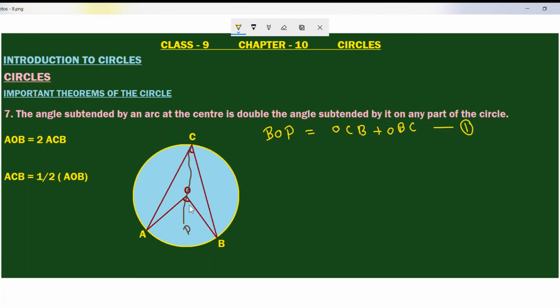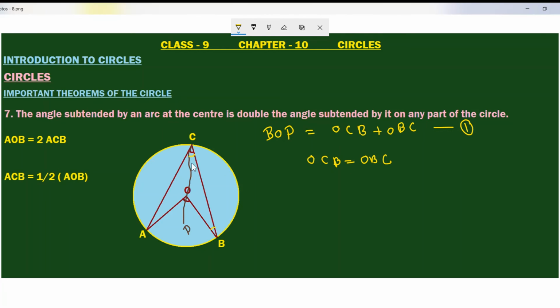In the next equation, you can see this OC and OB both are radius, because B and C lie on the circumference of the circle and O is the center of the circle. So we can say this is the isosceles triangle. In isosceles triangle, we know the angles opposite to equal sides are equal. So OCB is equivalent to OBC. These two angles are equal to each other.